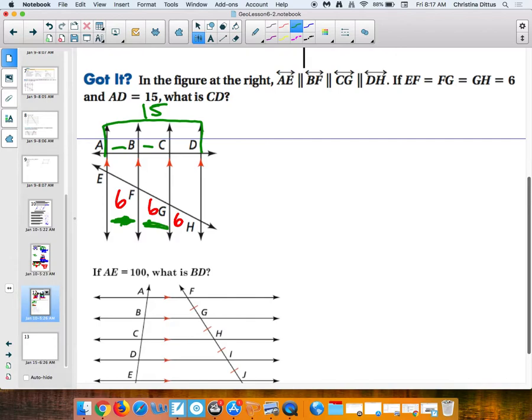Not only are these 2 equal, but these 3 are equal, which means these 3 have to be equal. So how big is each thing? 5. Isn't that like just a silly thing? Yeah. So how big is CD? 5. Like, oh, well, that's cool. Helpful, right?